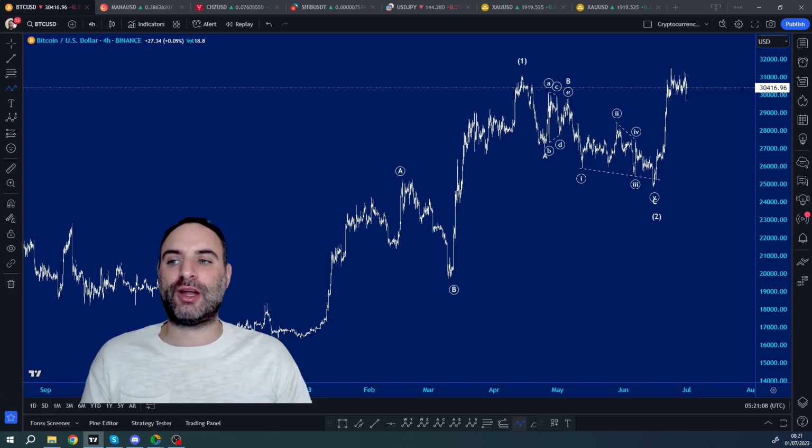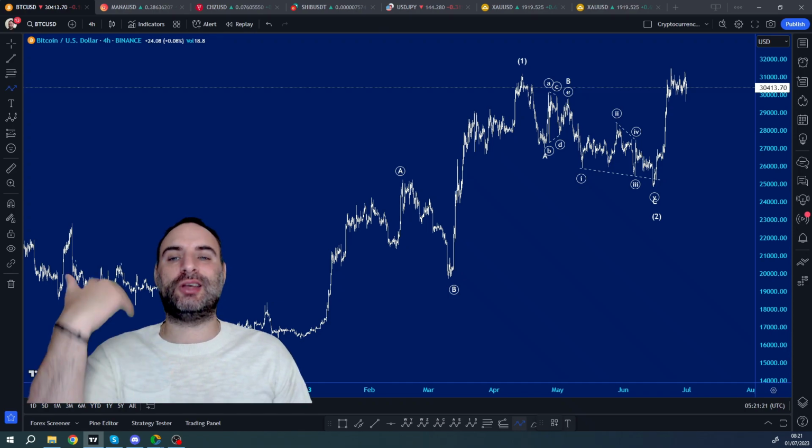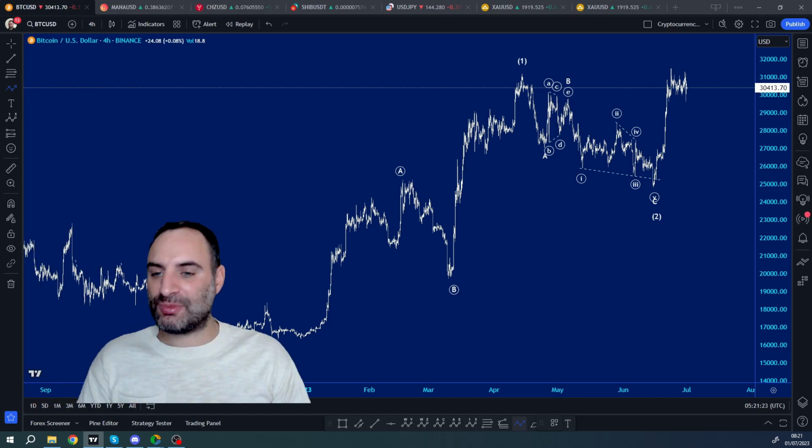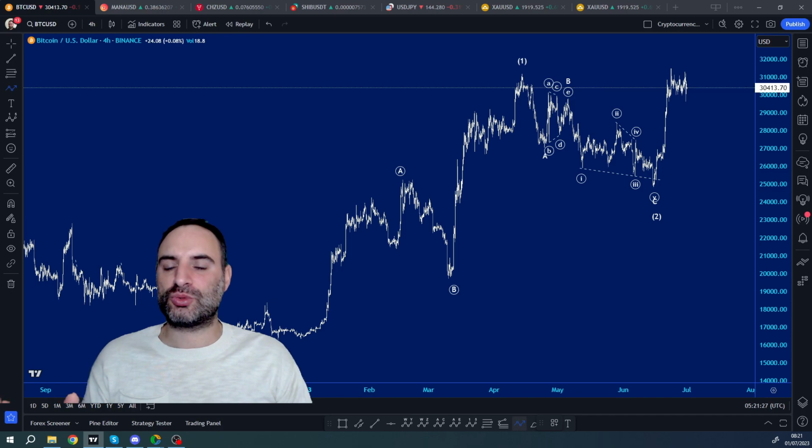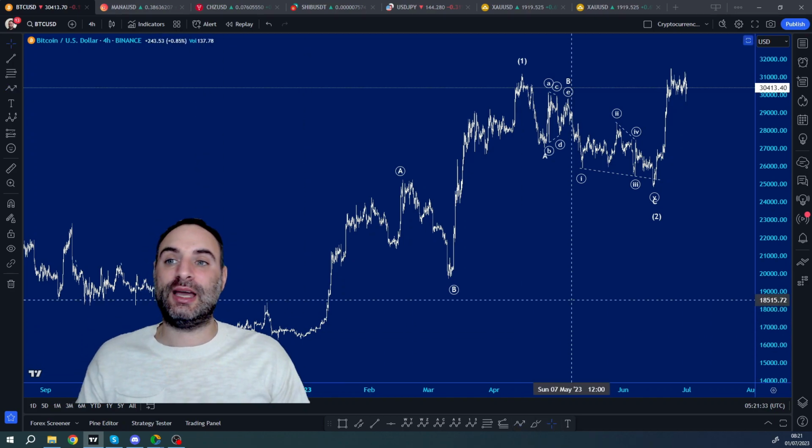Because when you get corrections in waves 2 rather than waves 4, and in waves B, when they are shallow, that indicates, of course, that momentum to the upside is going to take prices further out. That's why the Fibonacci extension as well. Of course, when you're going to put it on 30 or 60, you have a higher target versus a lower target. So that's the idea here.